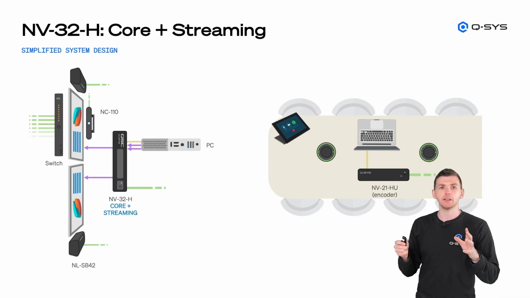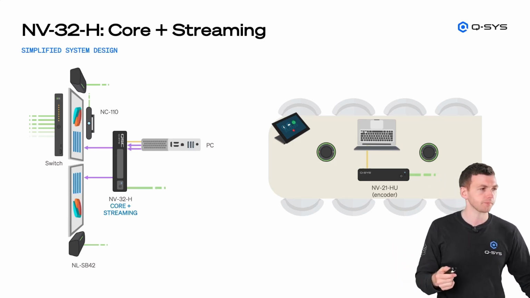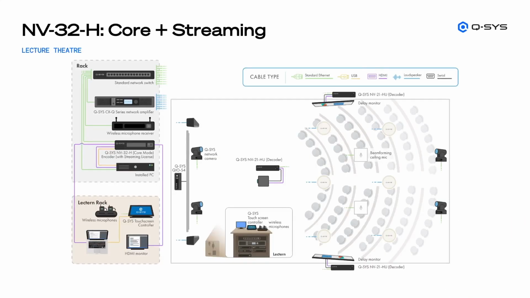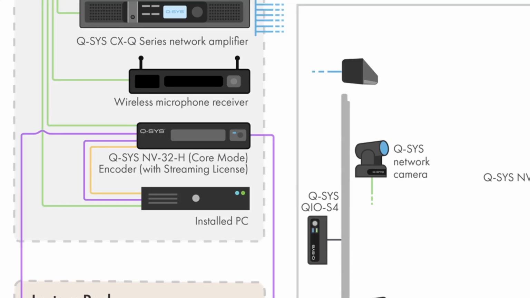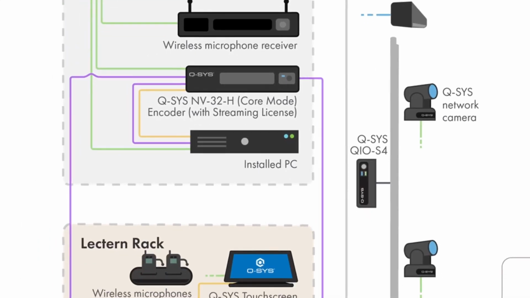But you could do something completely different. Look at this system, completely different. This is a lecture theatre, and I'm going to zoom in on this for you because it shows you how far you can go with this. Over here, I've got an NV32 encoder with the streaming license. What is that doing? Well, it's doing some USB bridging to an installed PC.